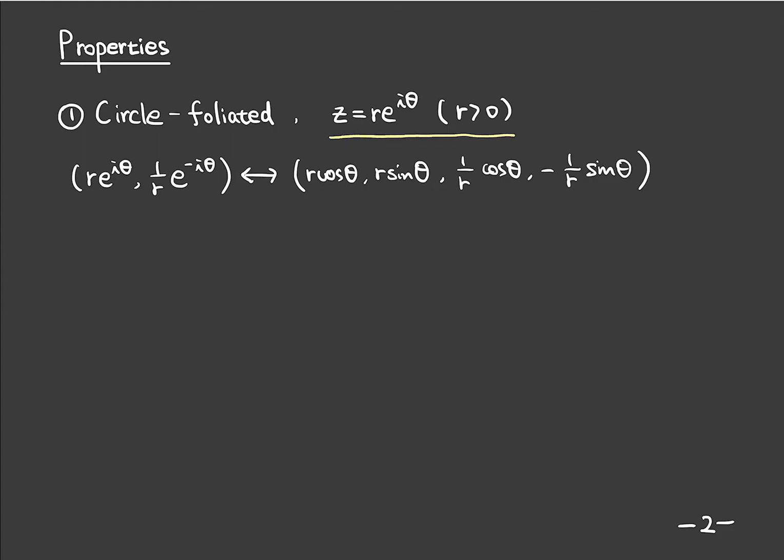Then the point on the Lagrangian catenoid can be written as a point in R4 as follows. And we may separate this expression into a linear combination like this.